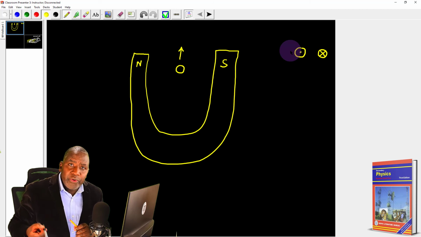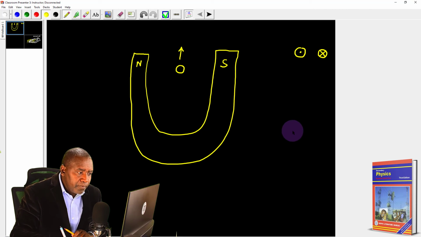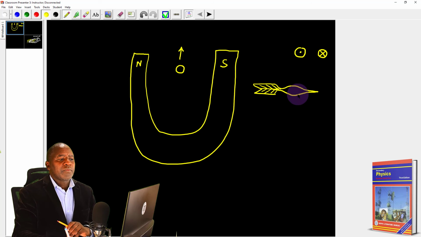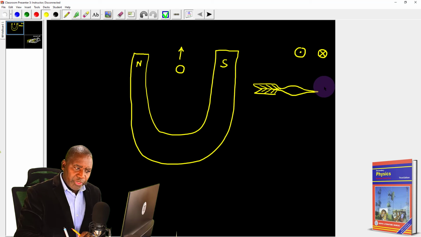This is more like when you look at darts. For those who like to play this game, when you look at the flights, when this dart is moving away from you, you are looking at the flights.